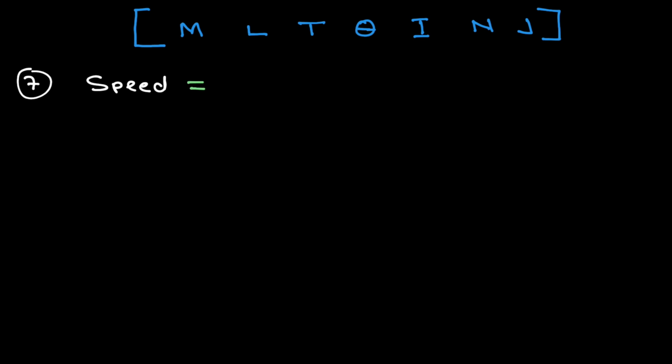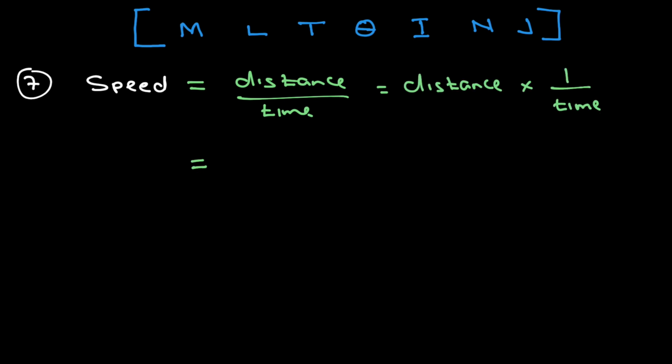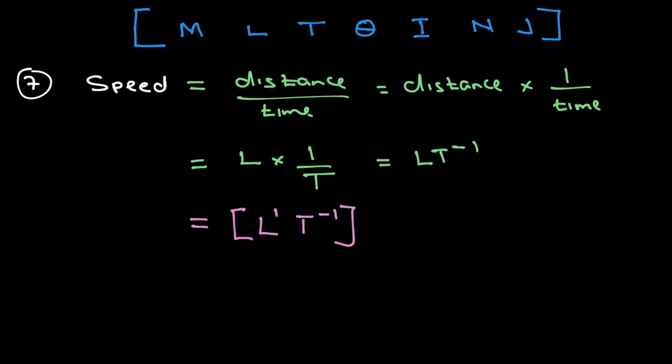Number 7, speed. Speed equals distance over time, and we can split that up as distance times 1 over time. Distance is length, so that's L times 1 over T. I can see L and T involved, and that can be L T to the power minus 1, which is length to the power 1, time to the power minus 1, and that can be length and time to the power minus 1, close bracket, and that equals meters per second or meters over seconds.